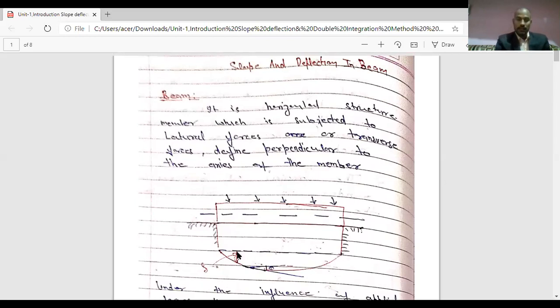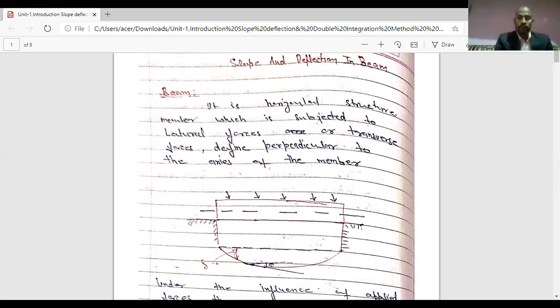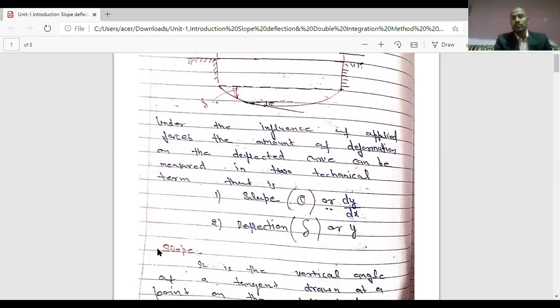Here we see some deflection or some deformation of a beam under a load. So this deformation is measured in two technical terms. First is slope, that is denoted by theta or dy by dx. Second term is deflection, that is denoted by delta or y.